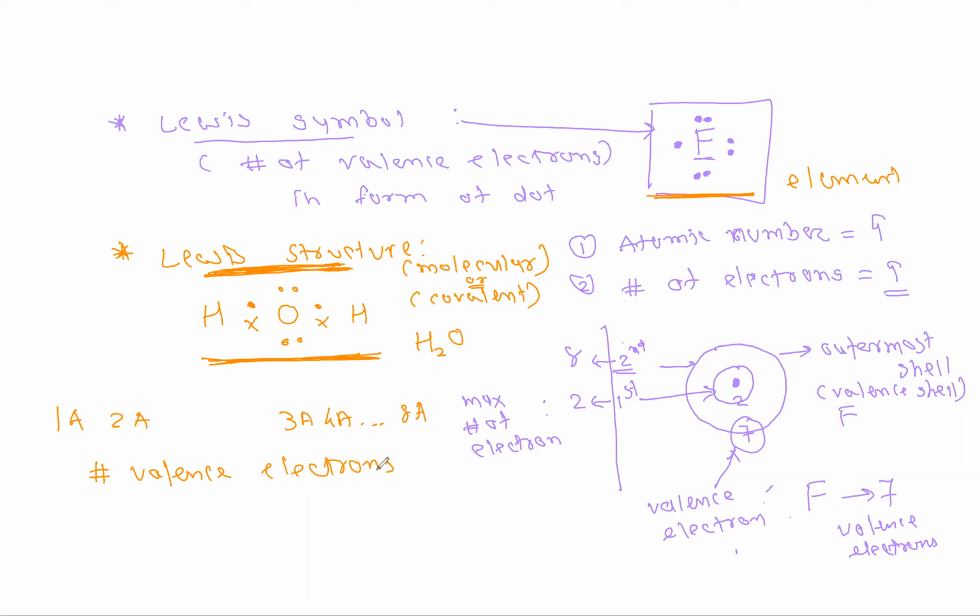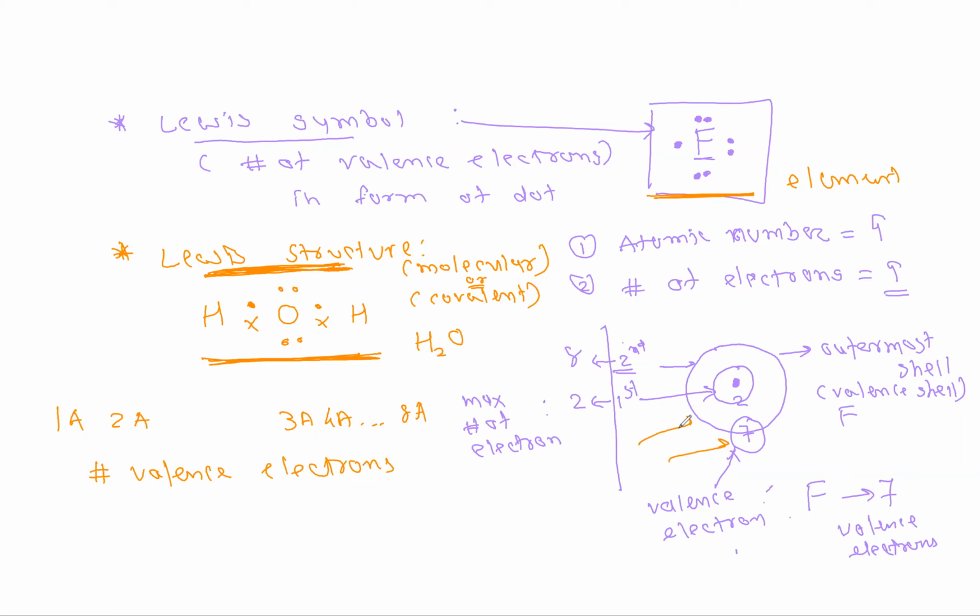For fluorine, which group number is it in terms of A? 7A. So didn't we come up with the number 7 when we drew the structure? Yes. So you don't have to come up with this kind of structure. You don't even have to imagine this. This is for your understanding.